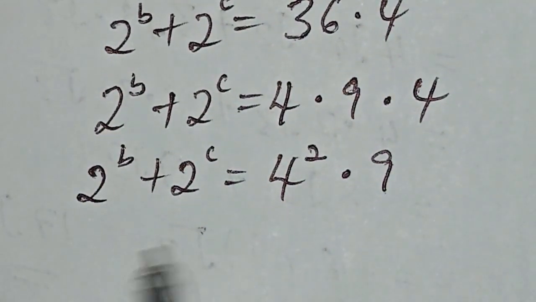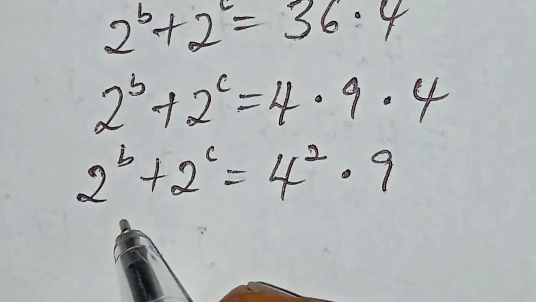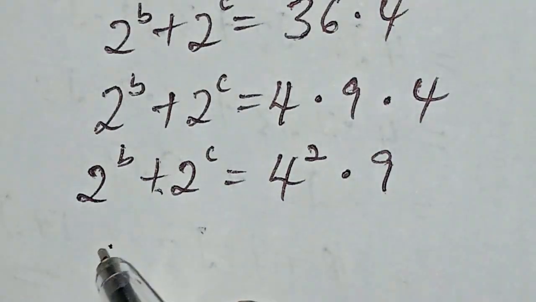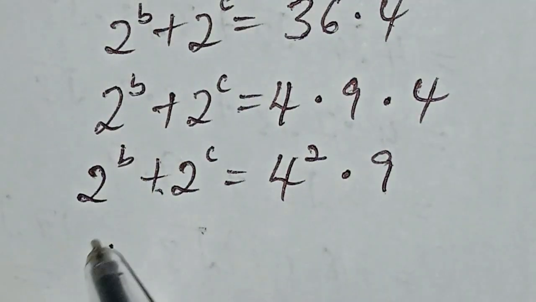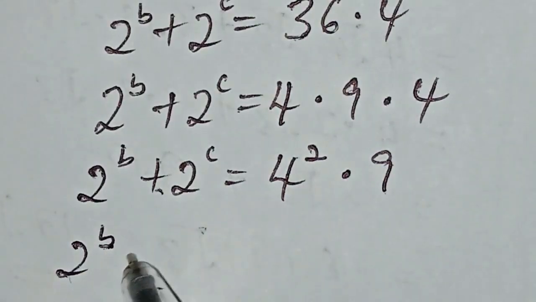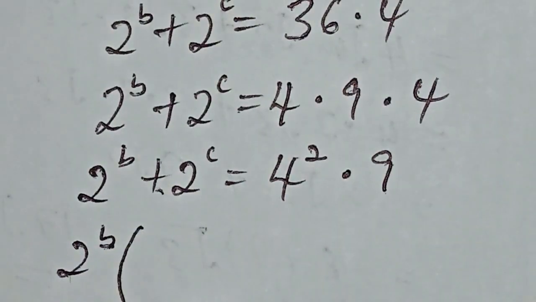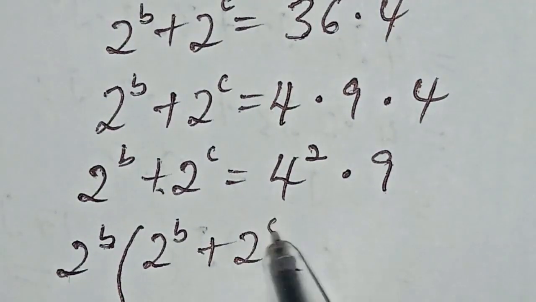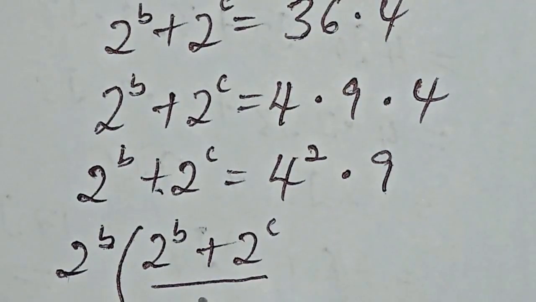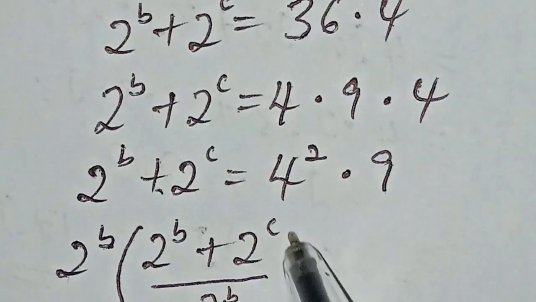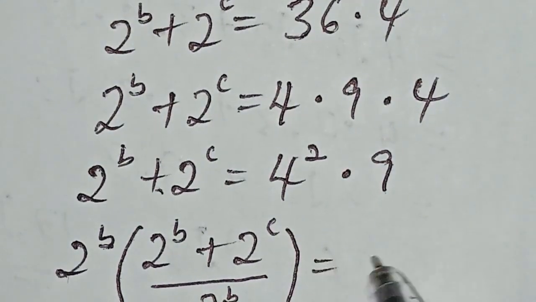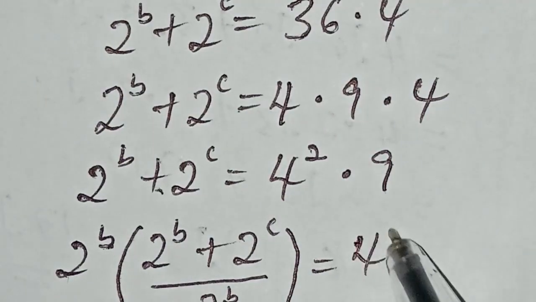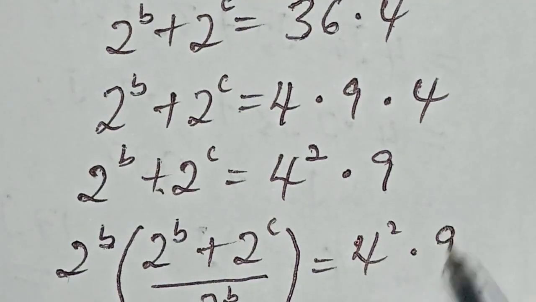Now from here we can also divide and multiply the left hand side by 2 to the power of b, and that gives us 2 to the power of b into brackets 2 to the power of b plus 2 to the power of c all over 2 to the power of b, equal to 4 to the power of 2 then multiplied by 9.